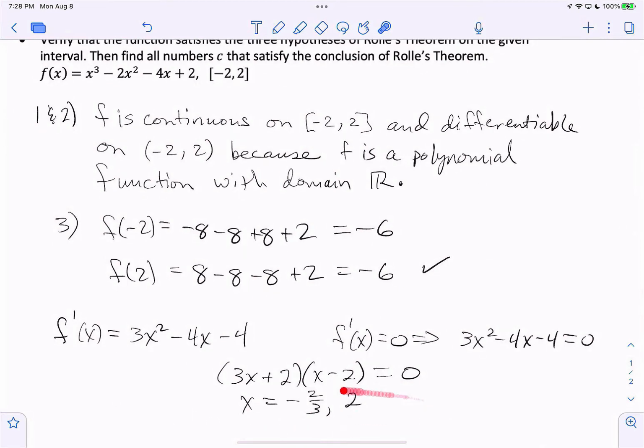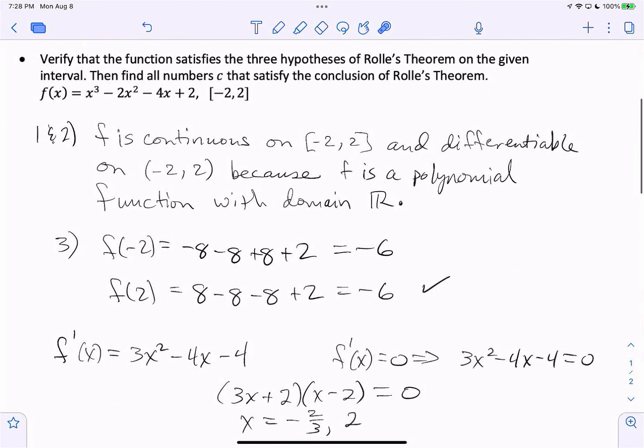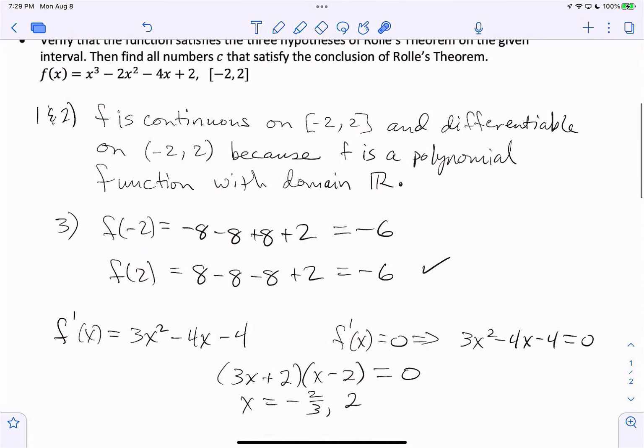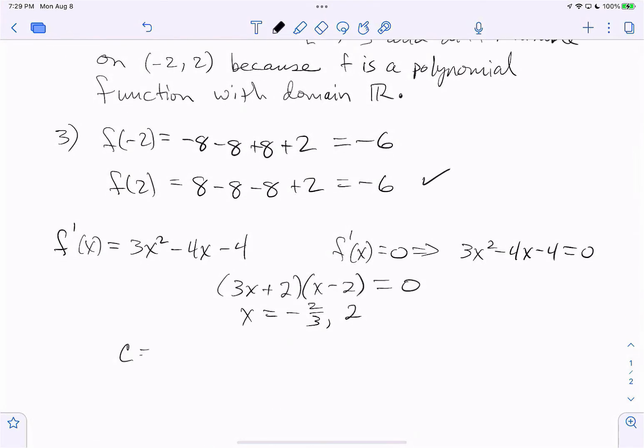We might be tempted to say, hey, those are the answers. Well, number 1, we're supposed to answer in terms of c. All right, fine. Number 2, the number c has to be in the open interval from a to b, so we don't get to include -2 or 2. So here we've got that c is equal to -2/3, which is in the interval. There we are. Let's move on.